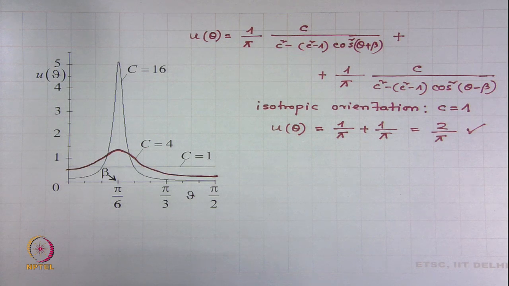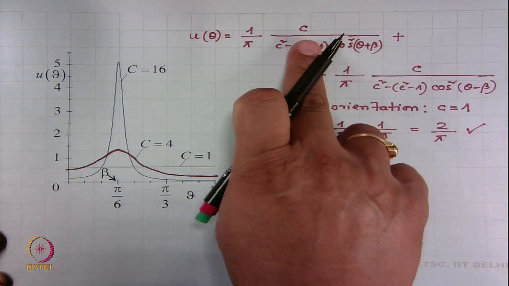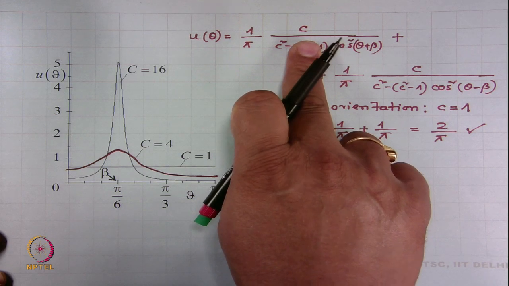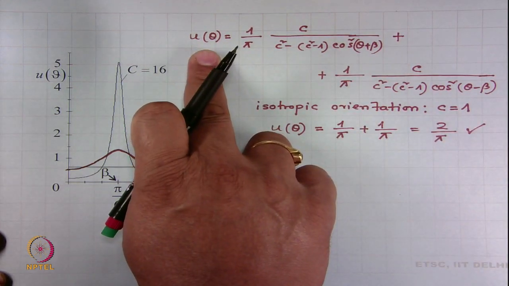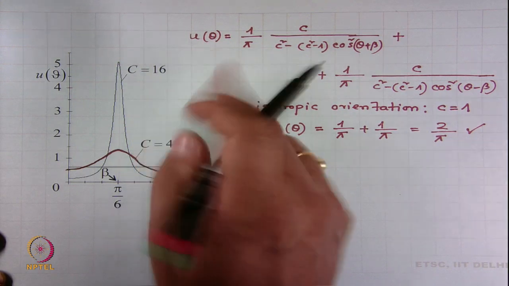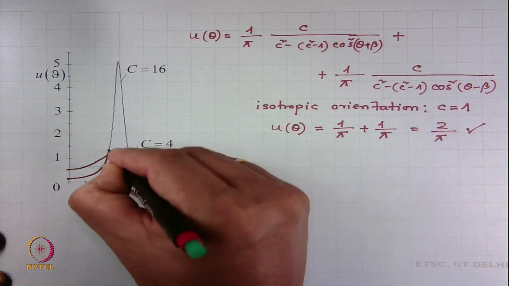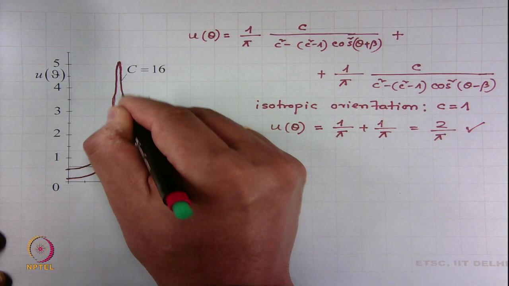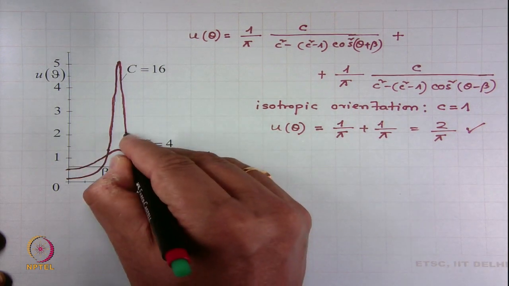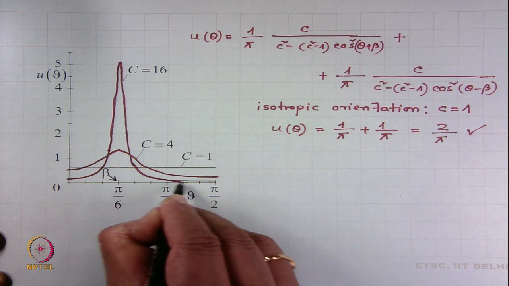Similarly, if we substitute beta is equal to pi by 6 and C is equal to say 16, then for different values of theta we obtain different values of u theta. If we plot those values of u theta, then we obtain this curve. As we know, higher is the value of C, higher is the anisotropy.